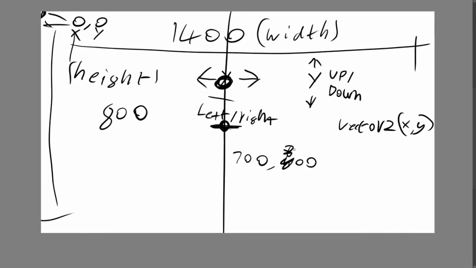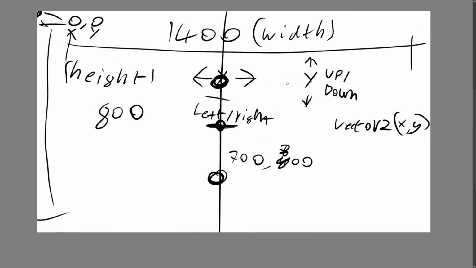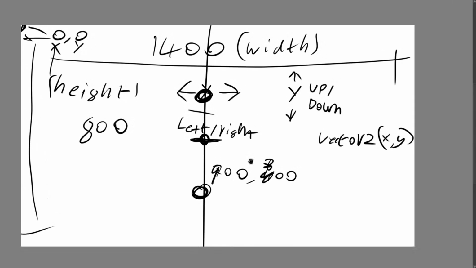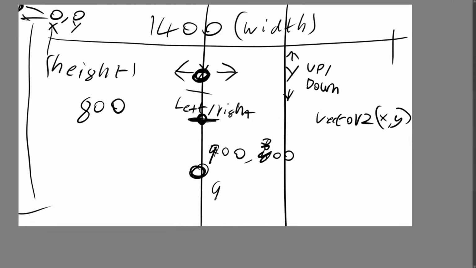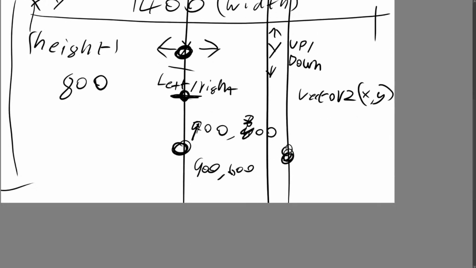If it was 600, it would be here. Then if we change 7 to 9, it would be here, so 900, 600 would be like here, technically more like here maybe.